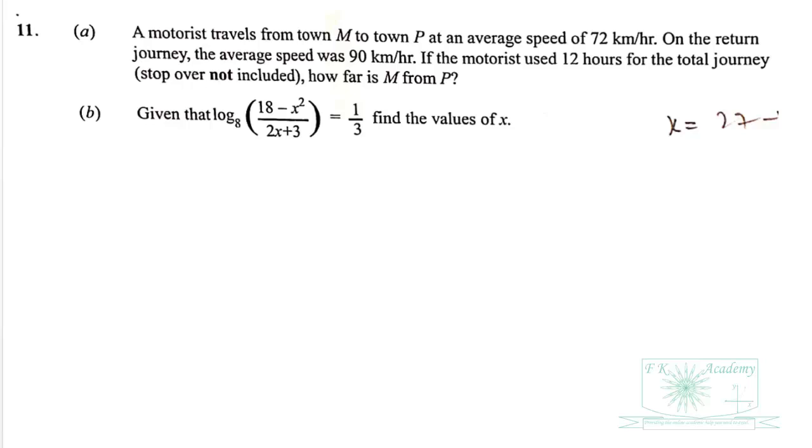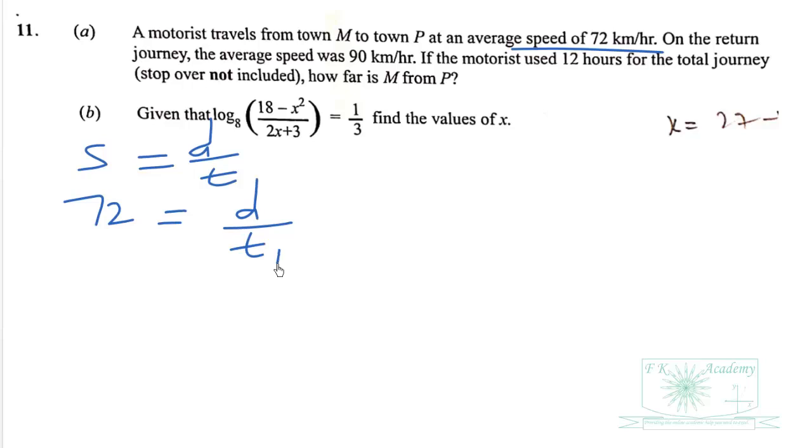Remember that speed is equal to distance over time taken. So the first journey, the speed is 72 kilometers per hour, and that is going to give a distance over the first time taken.